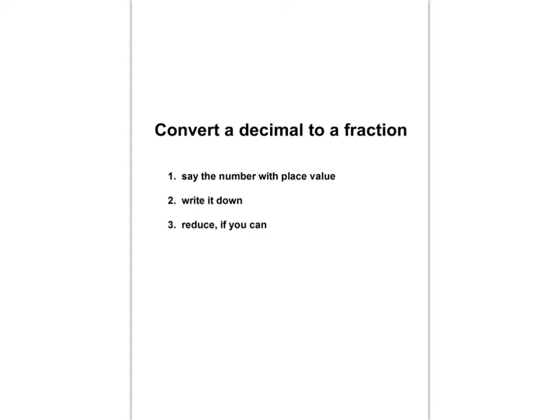To convert a decimal to a fraction, we simply say the number with its place value, and then we write it down. For example, the decimal 0.8. We can write that as we say it.